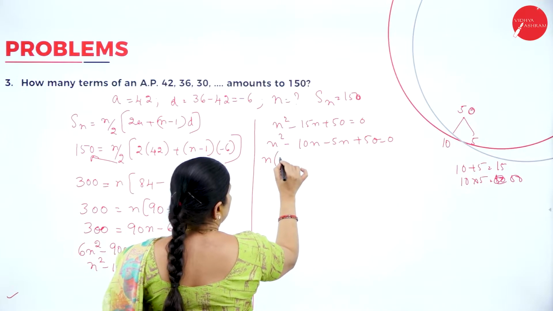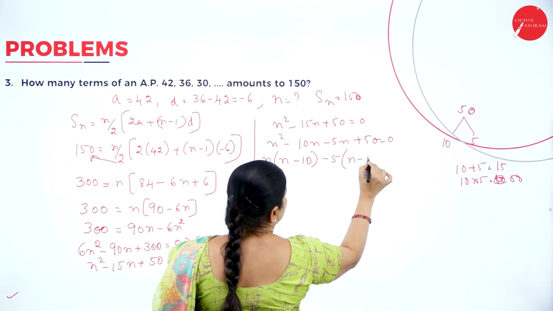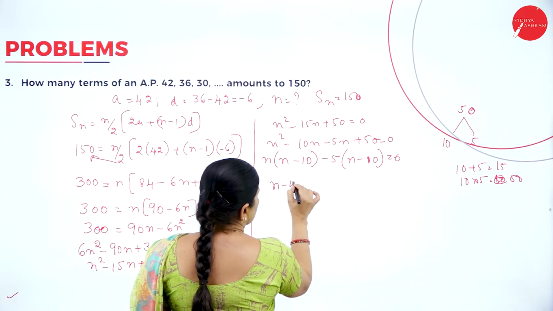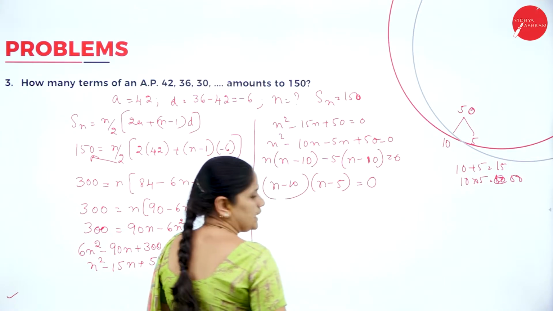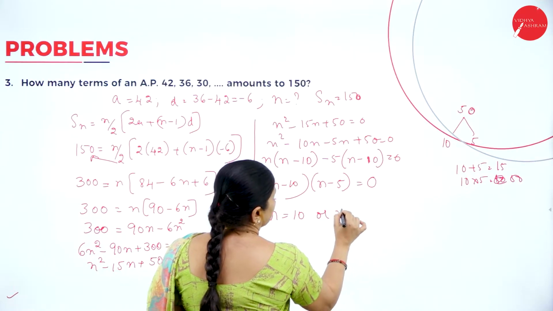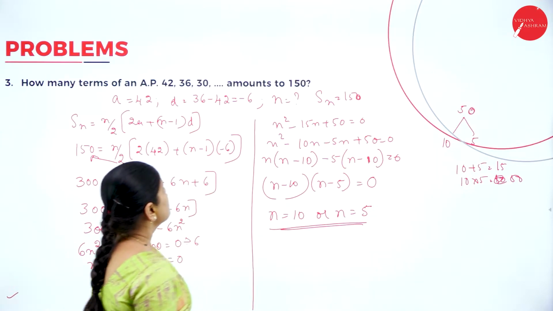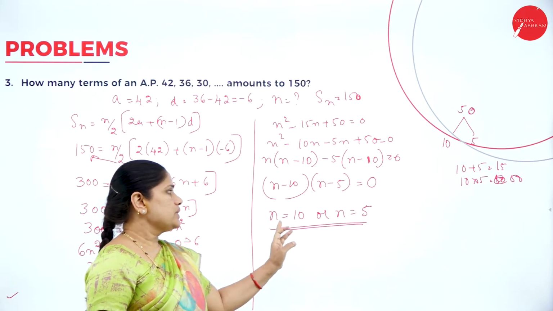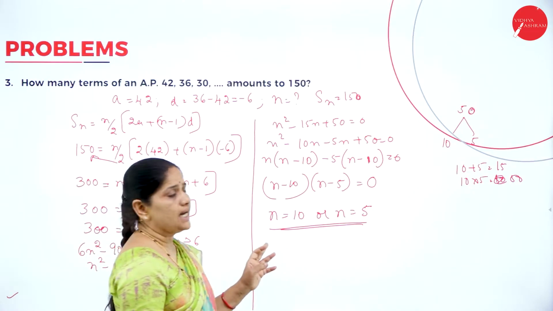So n is common. So n minus 10 minus 5 is common. So n minus 10 into n minus 5 equals 0. So n equals 10 or n equals 5. This is the answer. So how many terms of an AP amounts to 150? n equals 10 or n equals 5. Both are the correct answers.